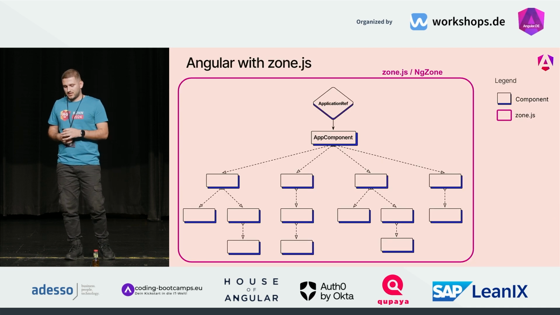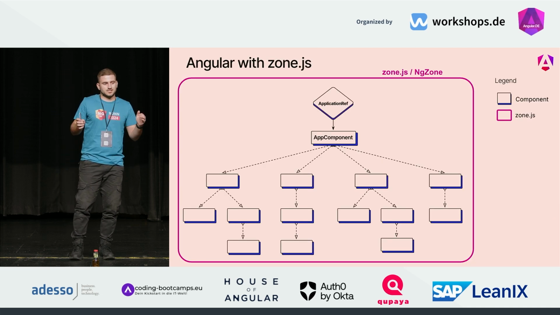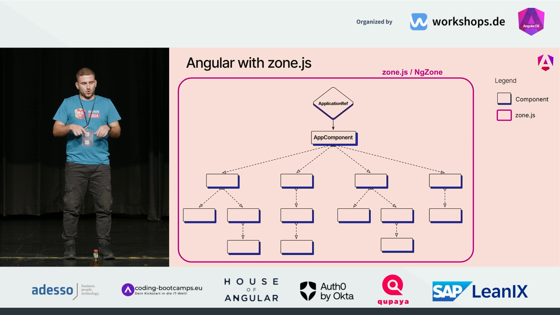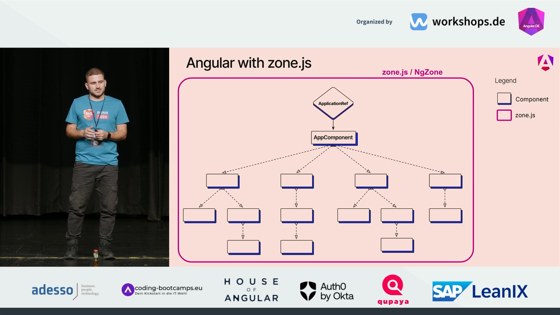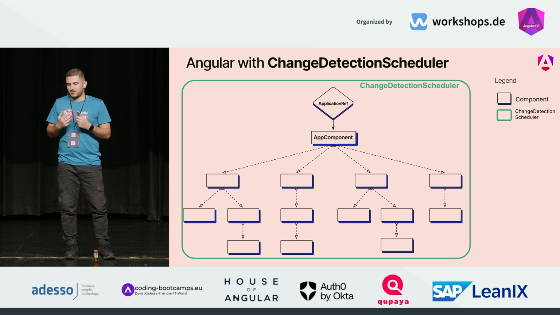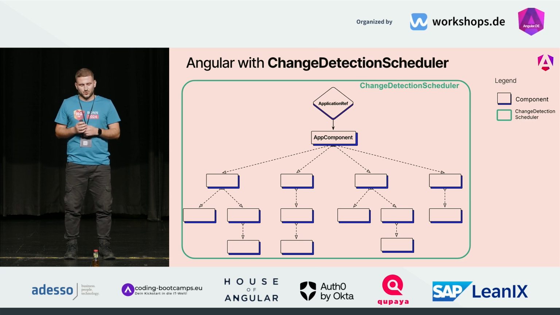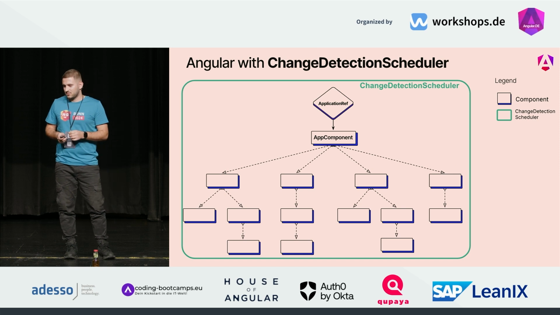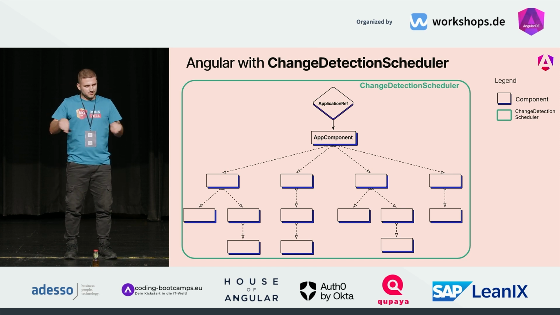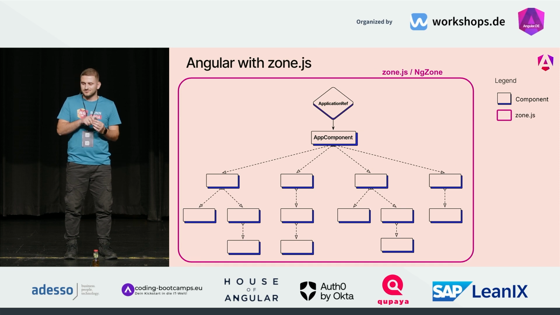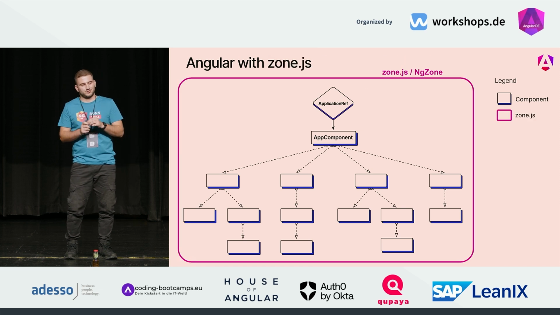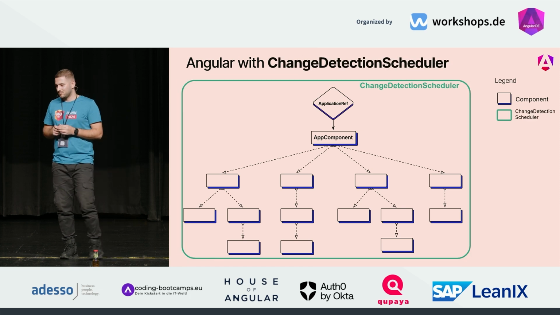With Zone.js, we had something that is wrapping the whole component tree and listening to every single event that's happening. With the new zoneless thing, we have this change detection scheduler, which is not wrapping the component tree, even though it looks like this, in order to make it easier to switch the mental model.